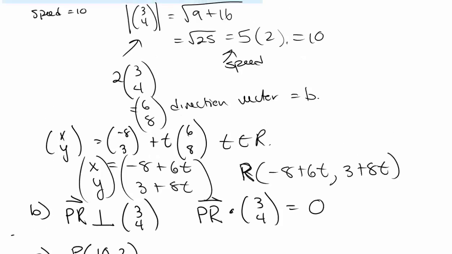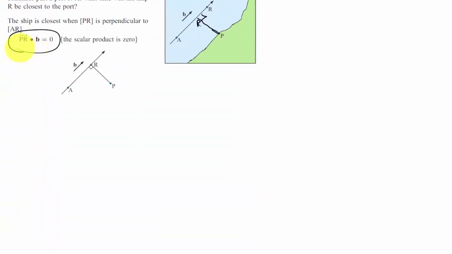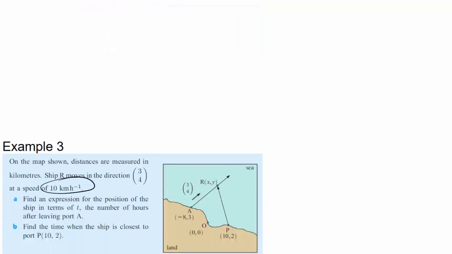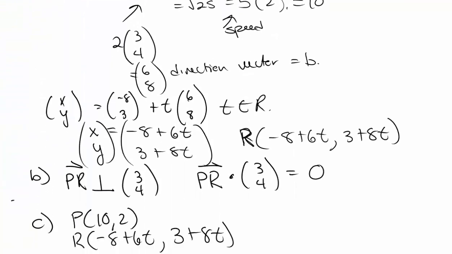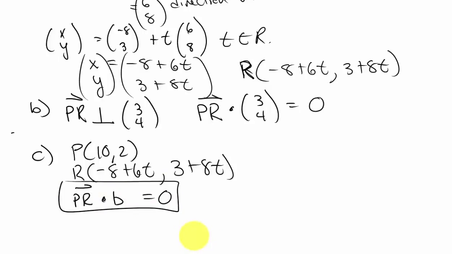And our formula says that if we want to find the closest point, we are going to multiply PR times our vector b, which is given to us as 3, 4 in the question. So let's set up PR, and it's equal to 0. That's the formula for the closest point.